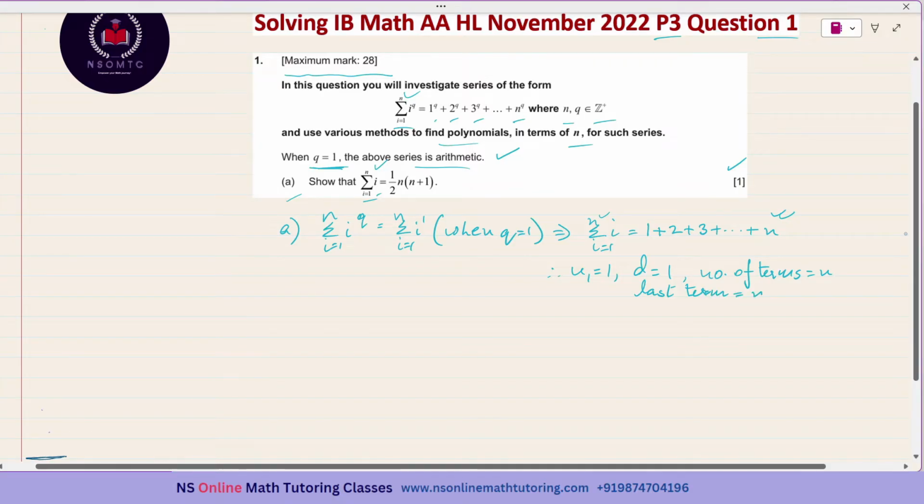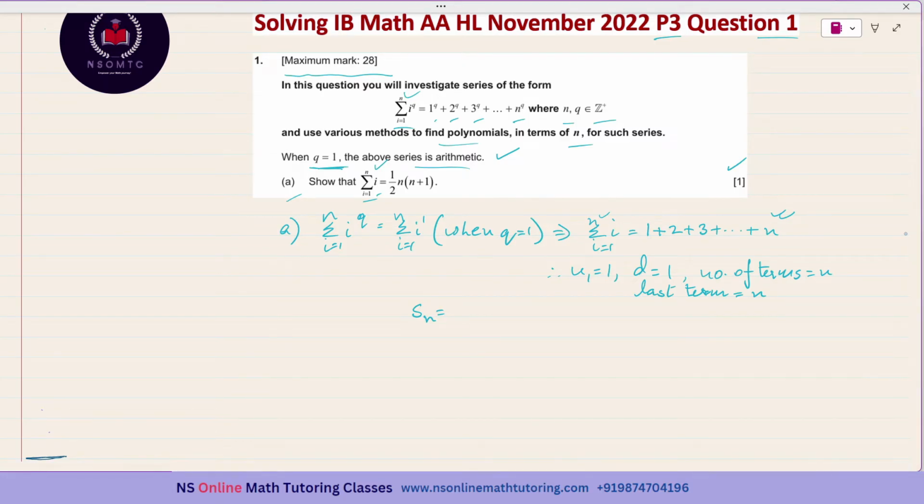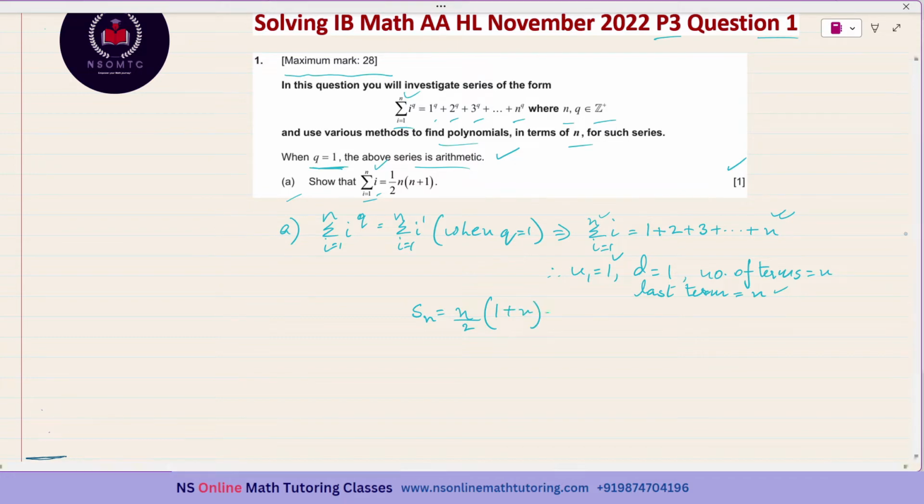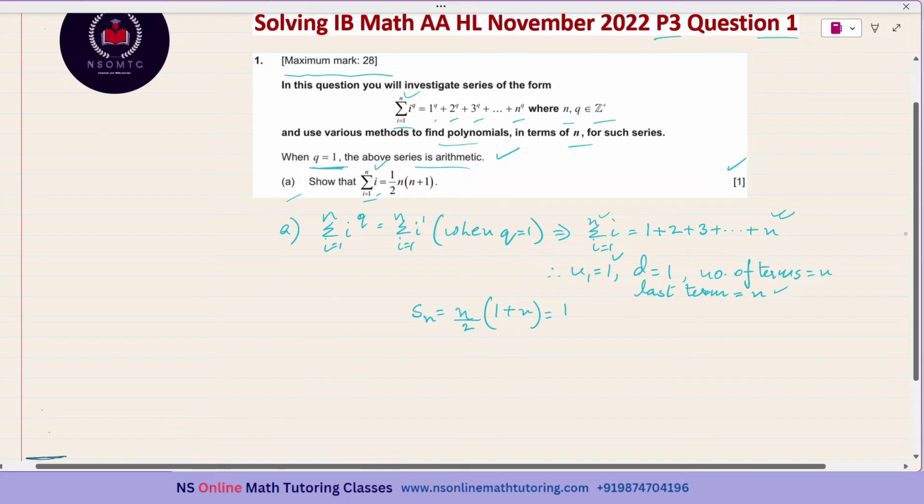Last term equal to n. Okay. So now we will be using the formula Sn, which is the sum total of the first n terms of an arithmetic series. So this will be equal to, there are n number of terms, so n over 2, first term equal to 1 and the last term equal to n. So this is equal to half times n times n plus 1.